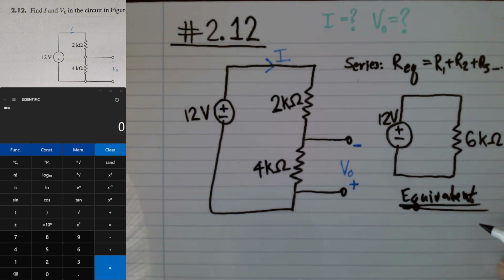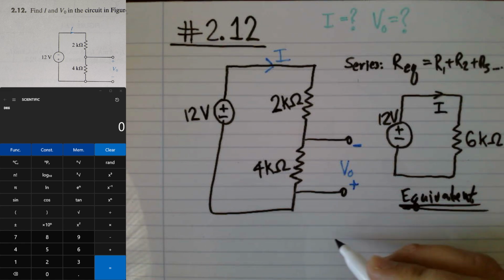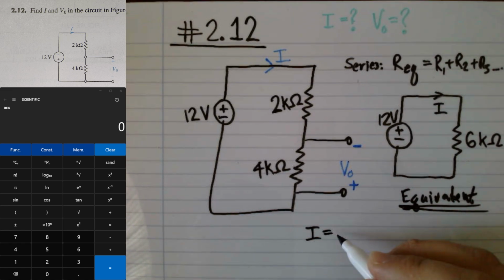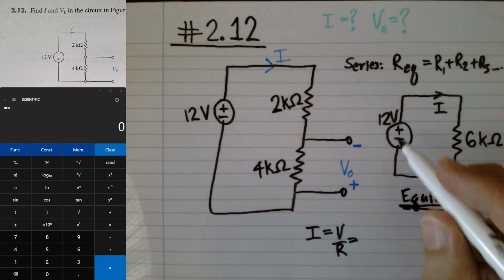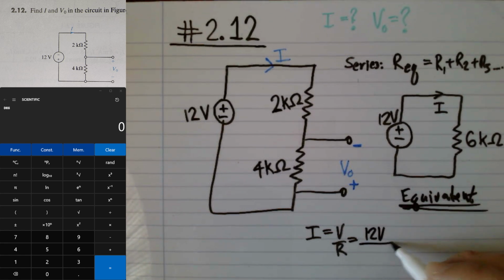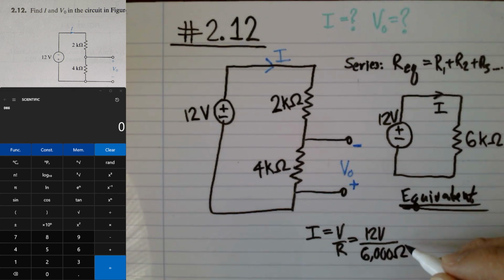Okay, and to find the current in this equivalent circuit flowing through this one, we're going to again use Ohm's law, which is I equals V over R, voltage over resistance, to find the current. The voltage they give us is 12 volts. The resistance we have is 6 kiloohms, which is 6,000 ohms.